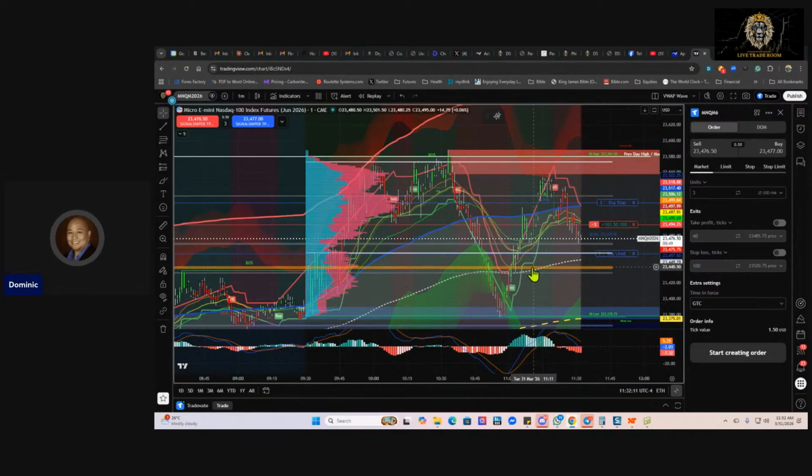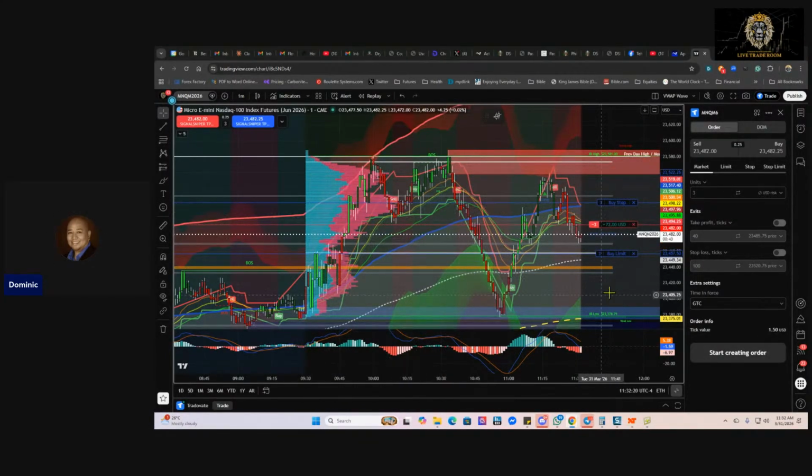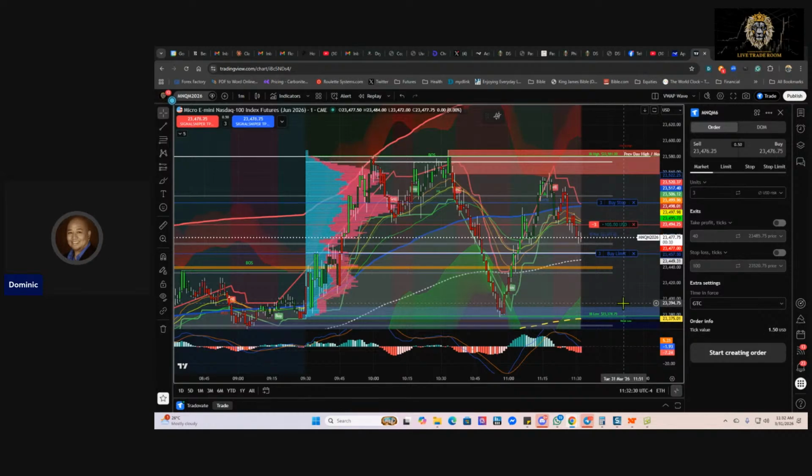So right here, this is basically the value area low, based on this volume profile from the beginning, the ATH. So then we have the ETH, I mean.